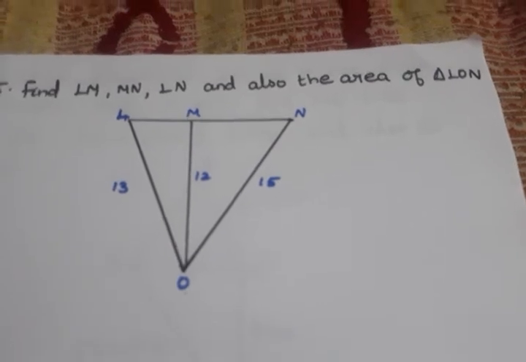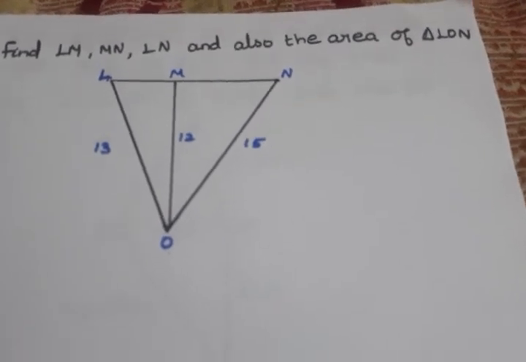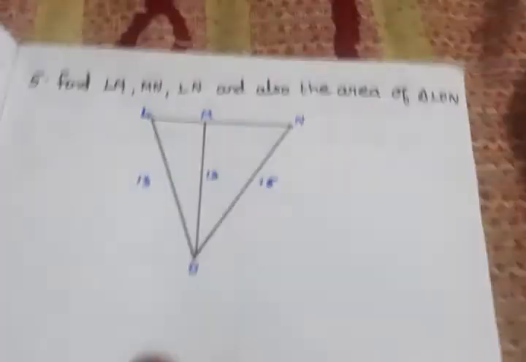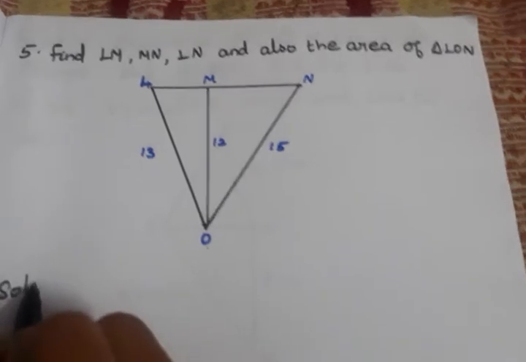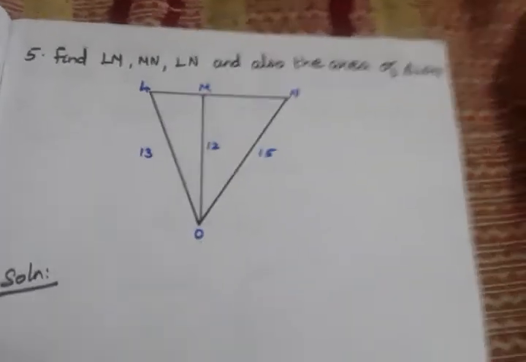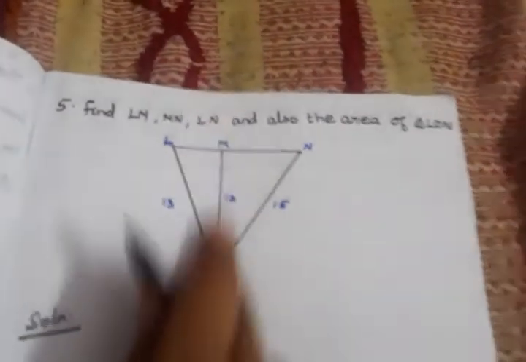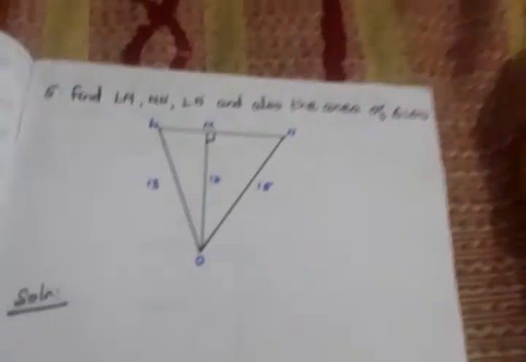Fine. Fifth sum. Find LM, MN, LN and also the area of triangle LON. Okay. First, solution. Triangle LMO. That is a right angle triangle, isn't it? Yes.